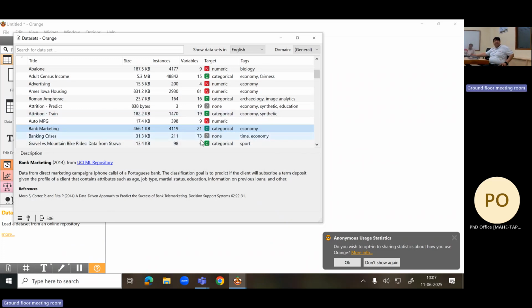It is categorical. Let's see: data from direct marketing campaigns, phone calls of a Portuguese bank. The classification goal is to predict if the client will subscribe to a term deposit, given the profile of a client that contains attributes such as age, job type, marital status, education, information on previous loans, and others.